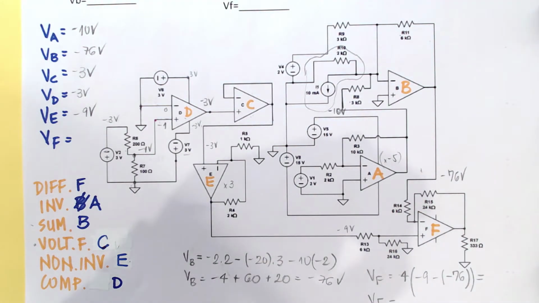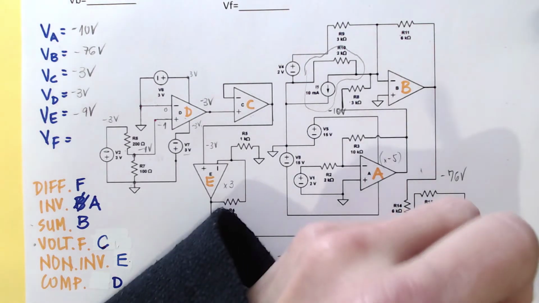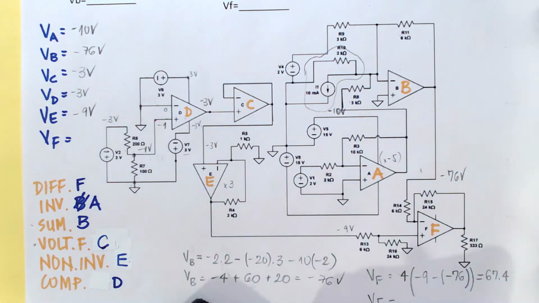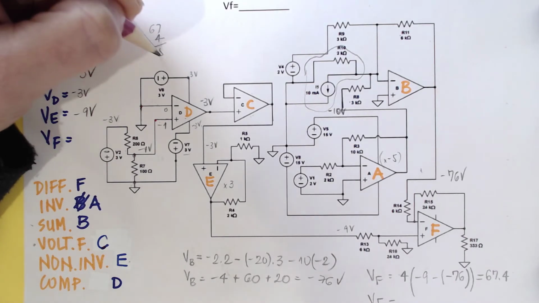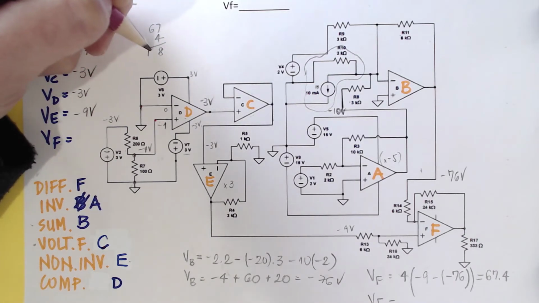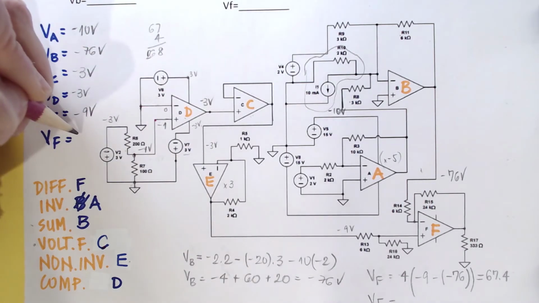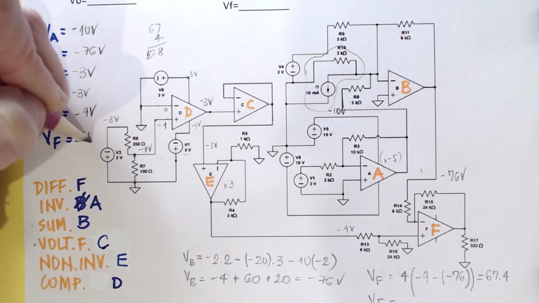VF is 76 minus 9, which is like 67, times 4. 67 times 4 is 268. That's positive. 268 volts.